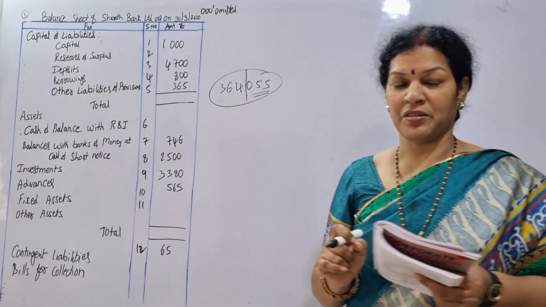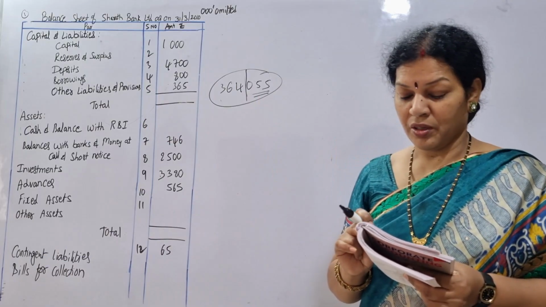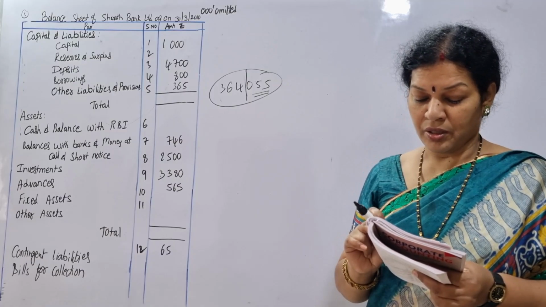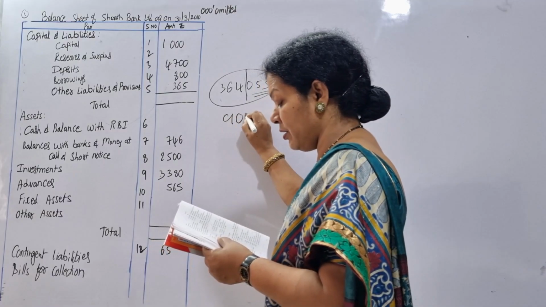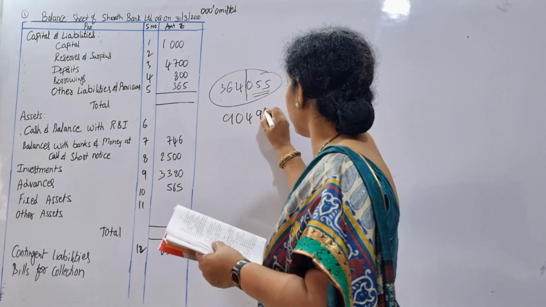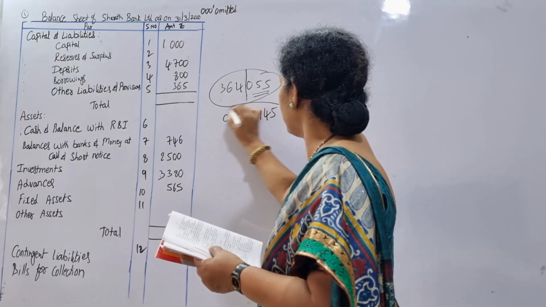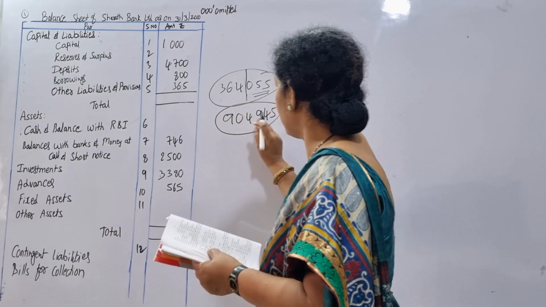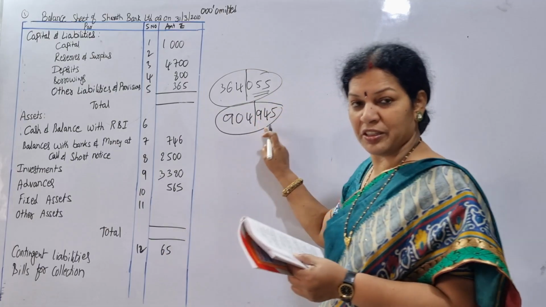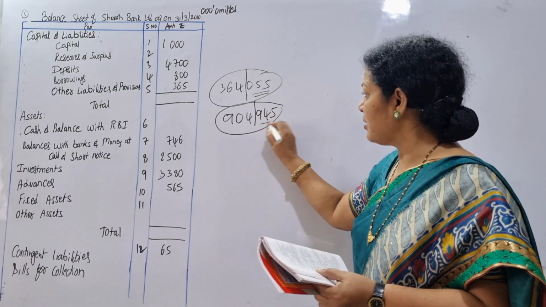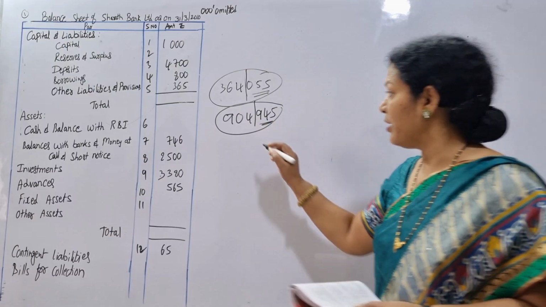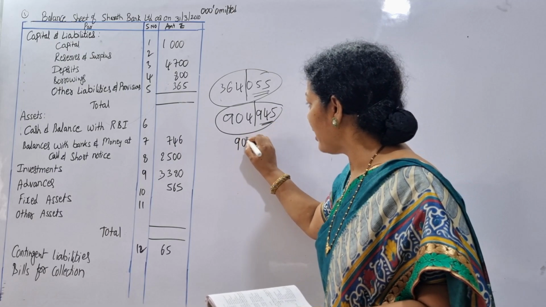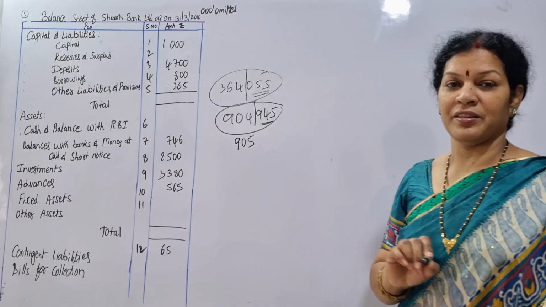Reserves and surplus. Reserves and surplus is second schedule. How much is it? We have 904, 945. Last 3 zeros to be omitted. Now if you see the last 3 digits, more than 500, right? More than 500 means we can consider it as 905.